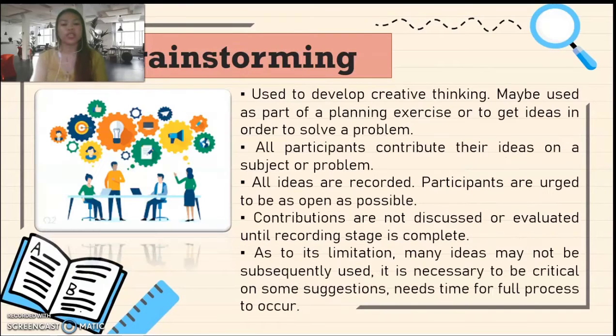Next is brainstorming. I know you are also familiar with brainstorming. It is somewhat like groupings, where you will have a group, then you will give some ideas and discuss, and this will also develop your creative thinking. You will be assigned a problem, then you need to solve it.